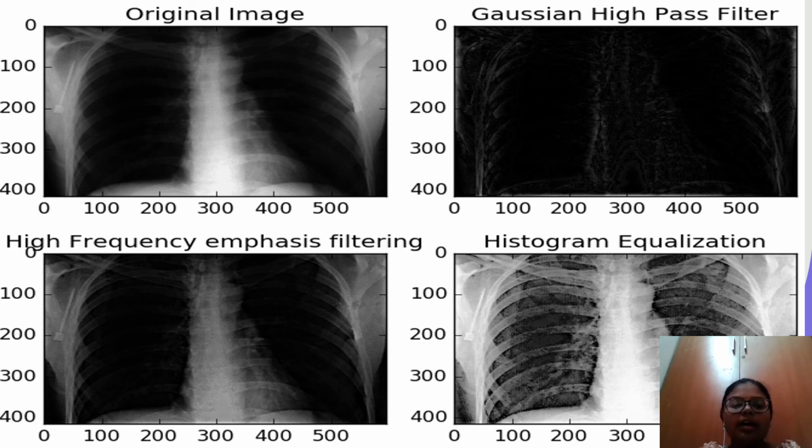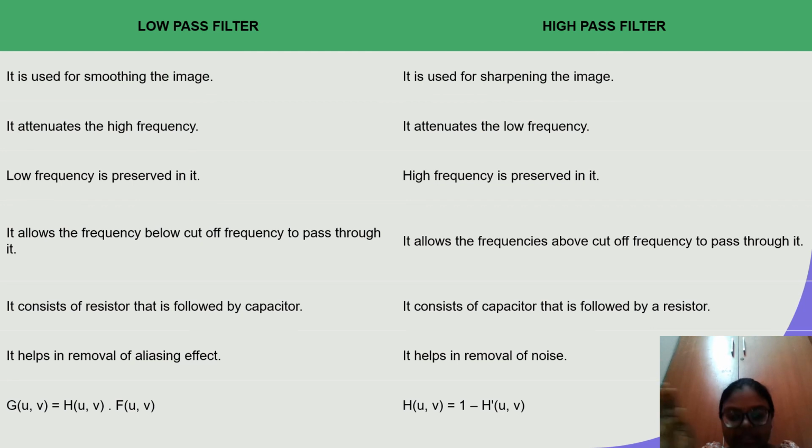Okay. Next, I am going to differentiate the two types of filters: low pass filter and high pass filter. Low pass filter is used for smoothing the images, and high pass filter is used for sharpening the images. It attenuates the high frequency; it attenuates the low frequency. Low frequency is preserved in it; high frequency is preserved in it.